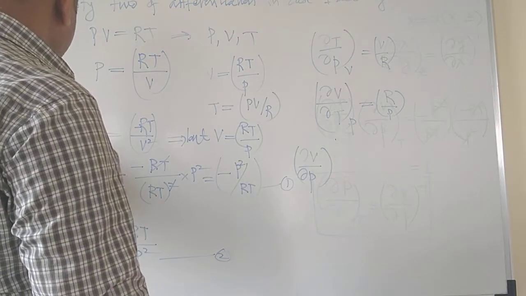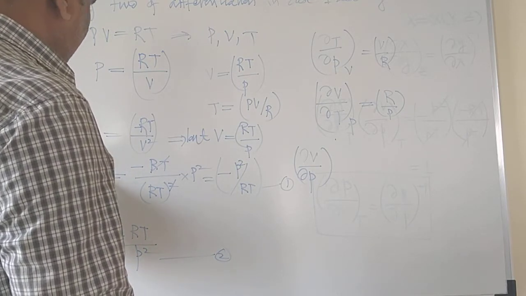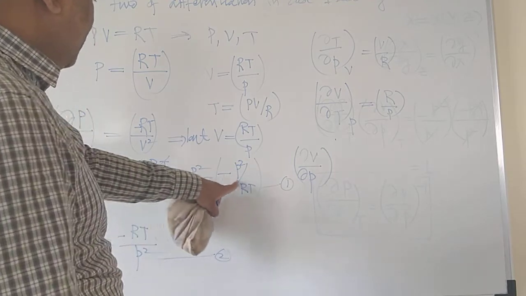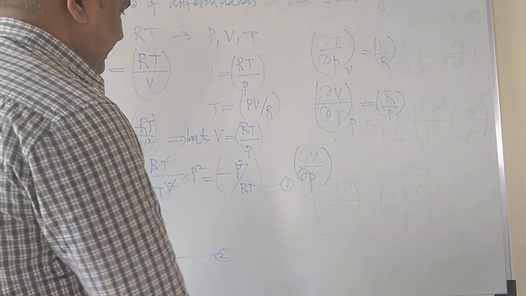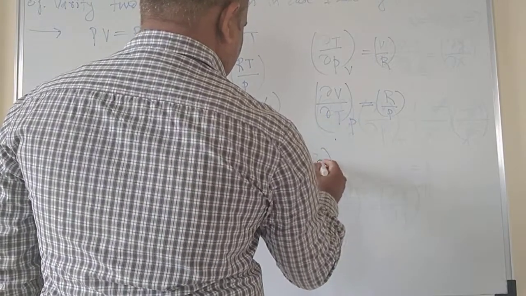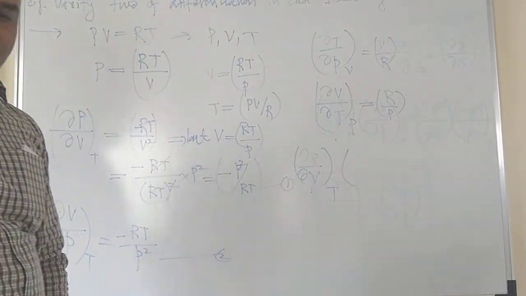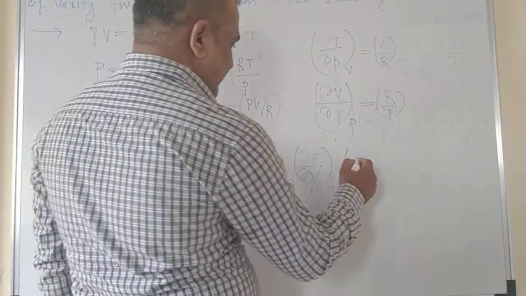So dou P by dou V is here, not this one. So dou P by dou V with respect to T is equal to minus RT by P square. Dou P by dou V, I have written wrong. It is minus P square by RT. So dou P by dou V with respect to T into dou V by dou T.